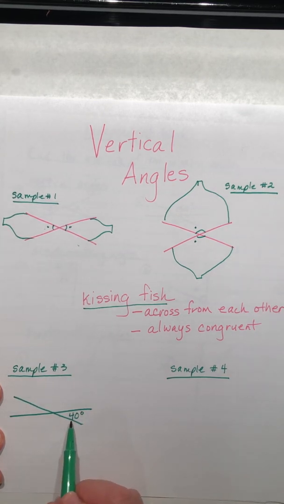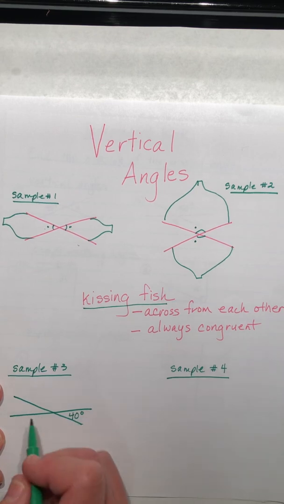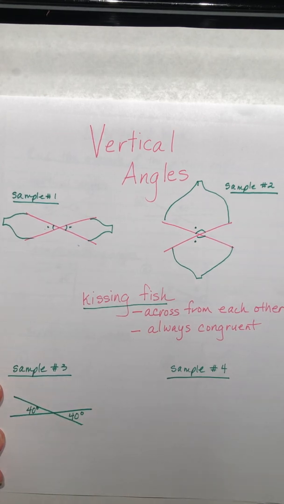This one right here is 40 degrees. If these angles are always congruent, what would the measure of the other kissing fish have to be? Well, if they're congruent, that means they have the same measurement. So if this one is 40, that one is 40. Always congruent.